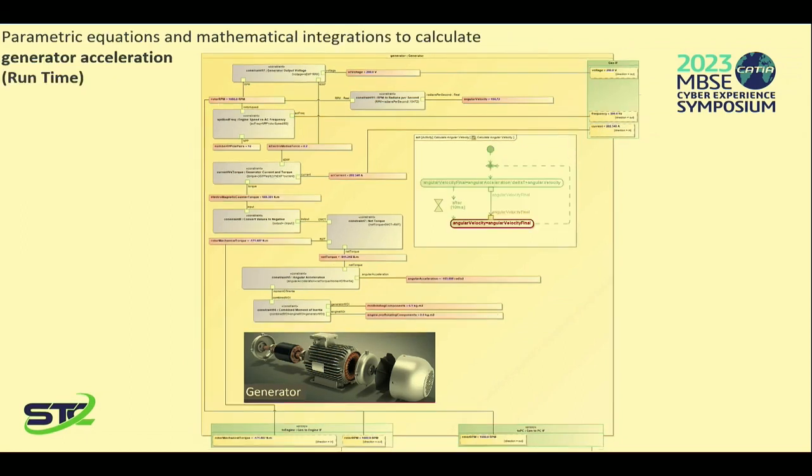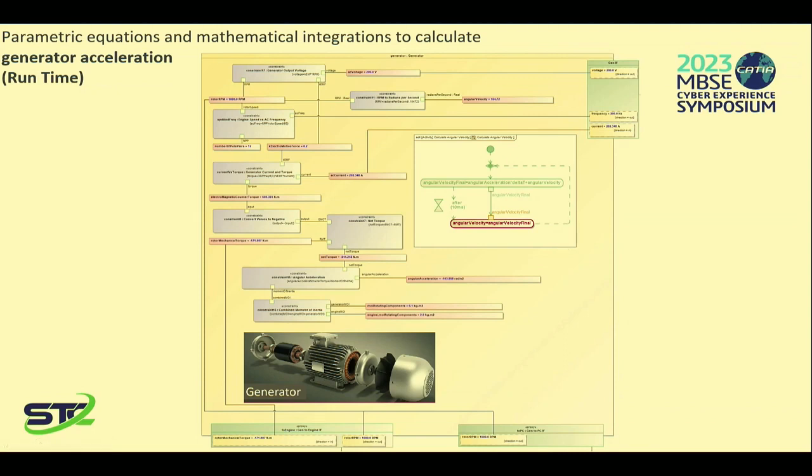And during the simulation, it looks somewhat like this in runtime. If you notice up here, we will talk through this portion, which is actually being used to calculate the angular acceleration of the engine based on the moments of inertia of the rotating components. And this is really considered a mathematical integration in order to determine the new velocity based on the acceleration.